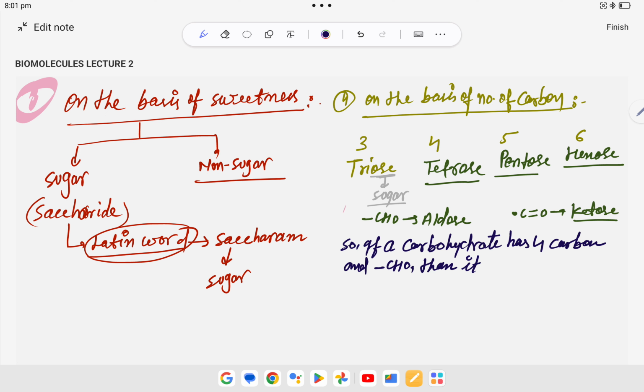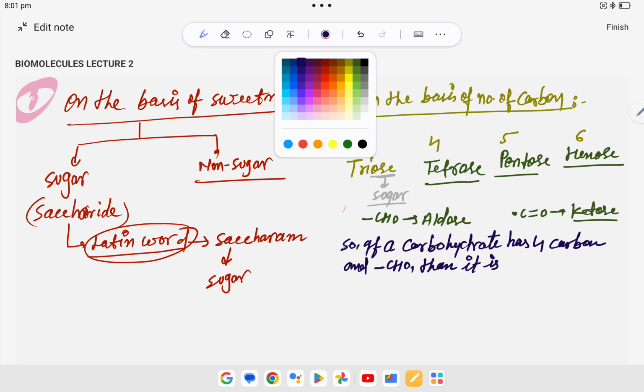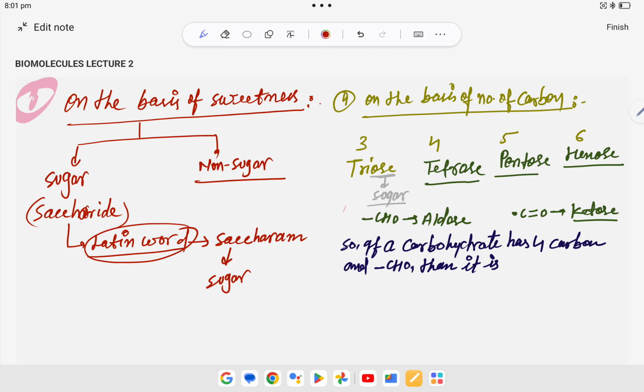Then it is total number of carbon 4 and this carbon 5. So it is aldopentose. It is aldopentose. Okay, aldopentose.